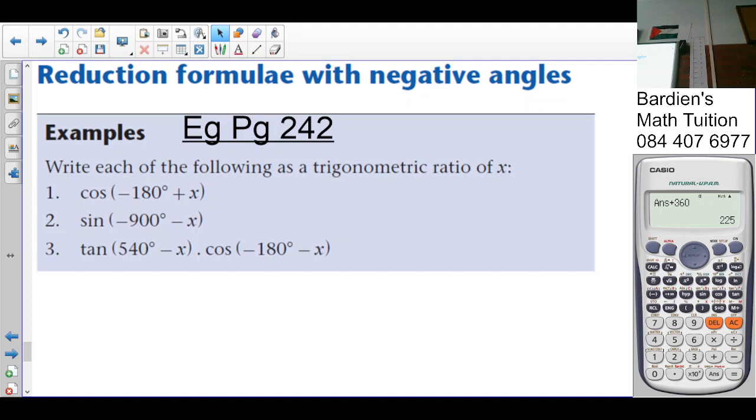Yes? The previous one, yes? The 721. 721 minus 361, that's going to be 360 plus x. So that must take you into the first quadrant anyway. So 360 plus x, all is positive in the first quadrant.